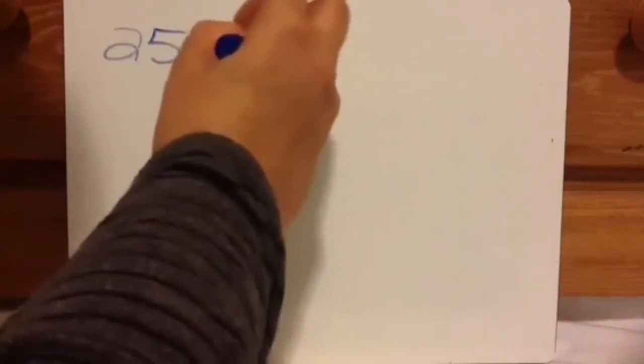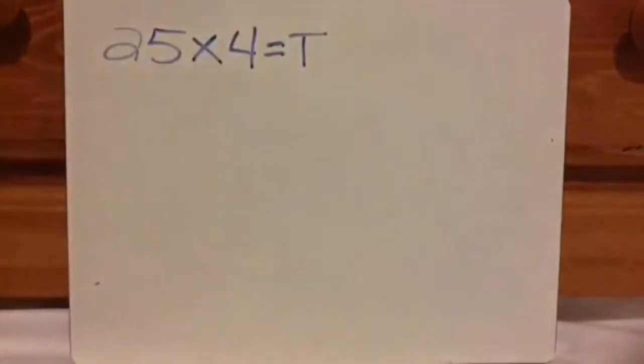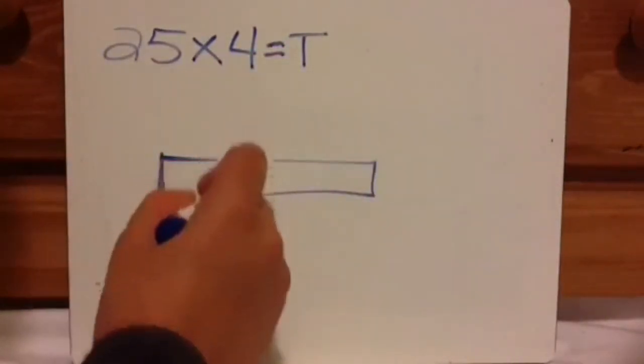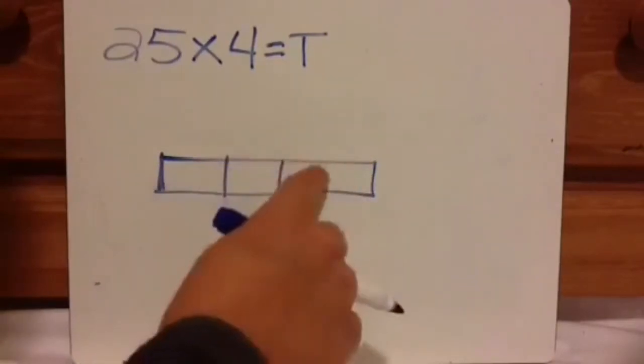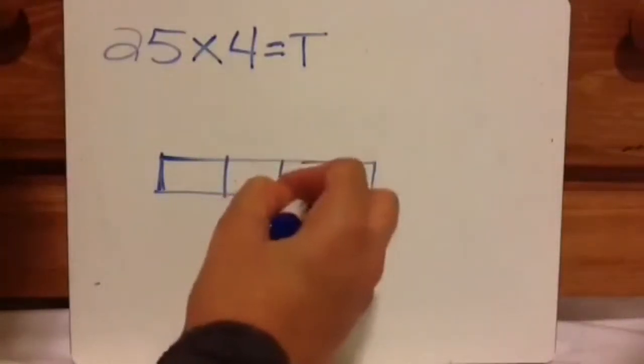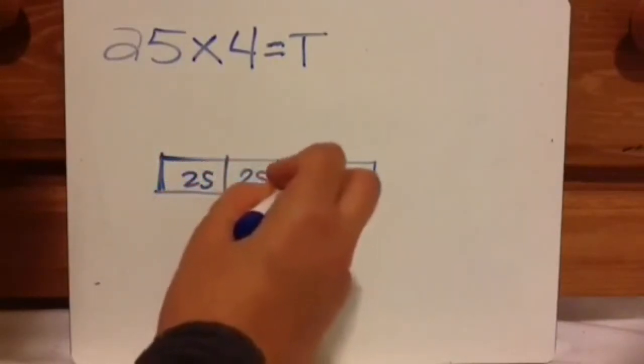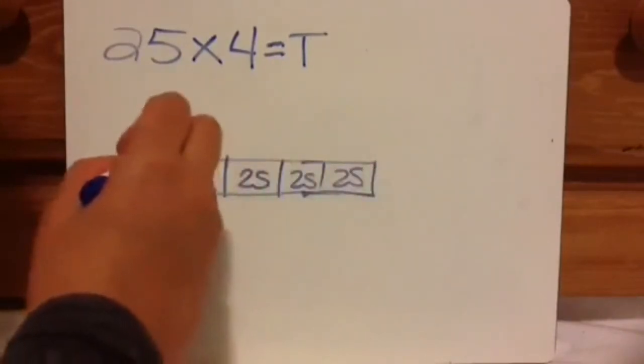How many total pencils does she have? So, think of a picture, 4 bags. Pretend these are all very close to the same size. 25 pencils in each bag. How many total pencils does she have?